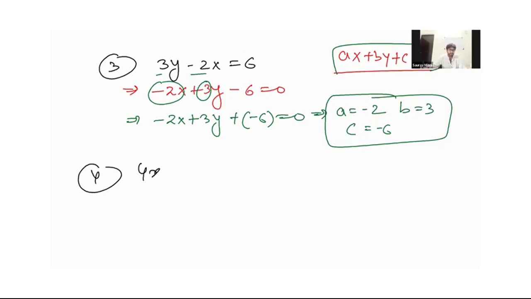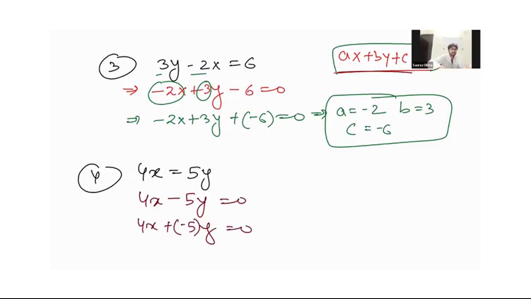It is 4x equals 5y. Since it is not in standard form, and the standard form has three terms, first of all we will convert this into standard form. It is written as 4x plus minus 5 into y is equal to 0.